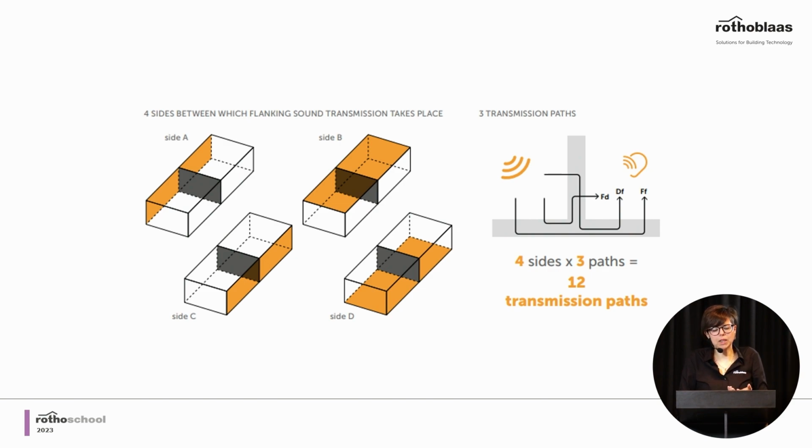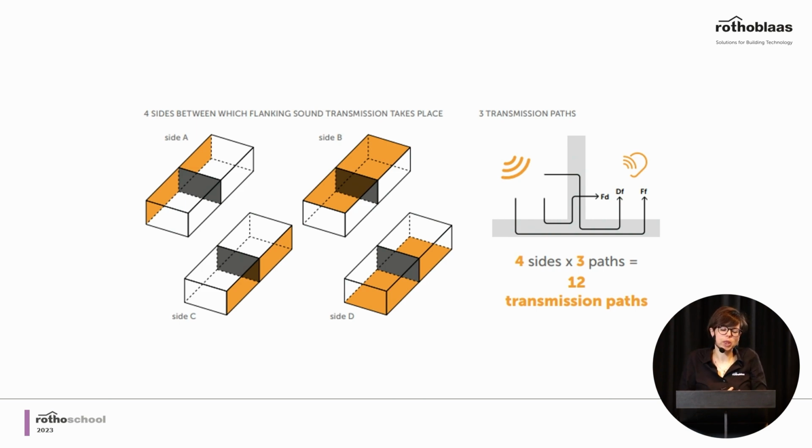So what happened in the end? That in the laboratory we are just measuring the performance of the separating wall, because the laboratory is done in a way that what we can measure is just this part. But in reality, what happens is that every side wall has three paths of indirect transmission of the sounds.